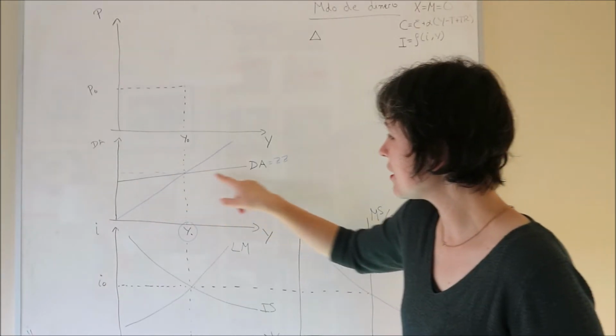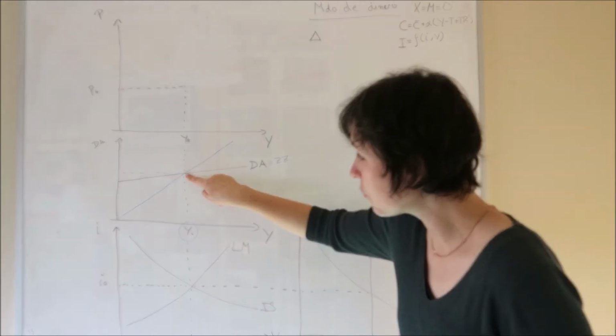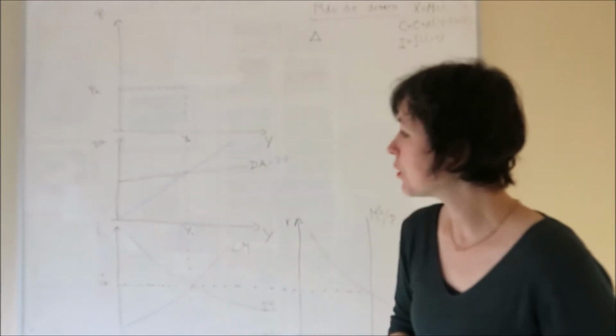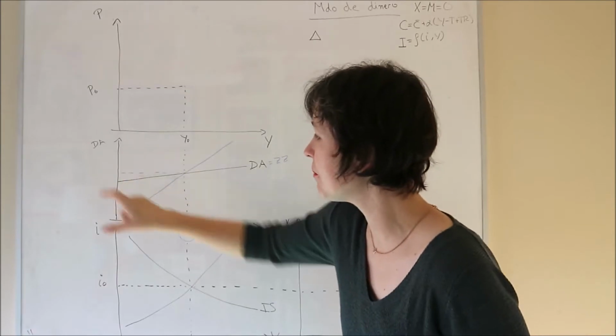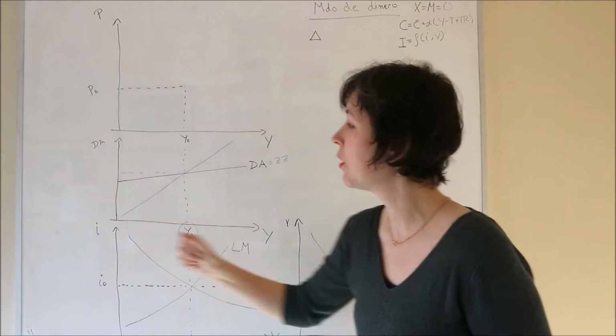The equilibrium point is the one that is crossing this 45-degree line, because that means that the aggregate demand value is equal to the level of production, right?